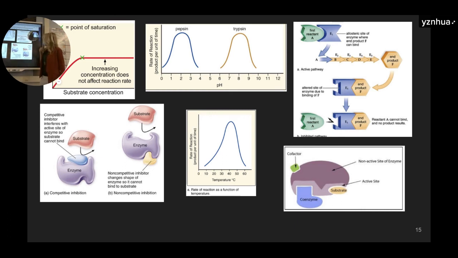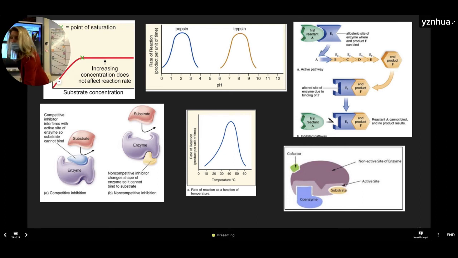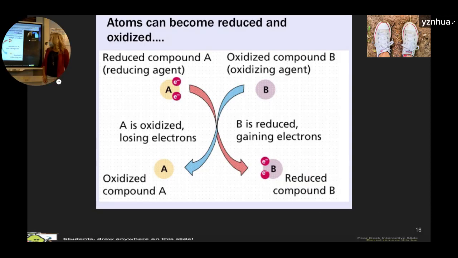Then we talked about the idea of being reduced and oxidized. A couple things we want to remember on this, okay? When we talk about getting reduced, reduced means you have more energy.